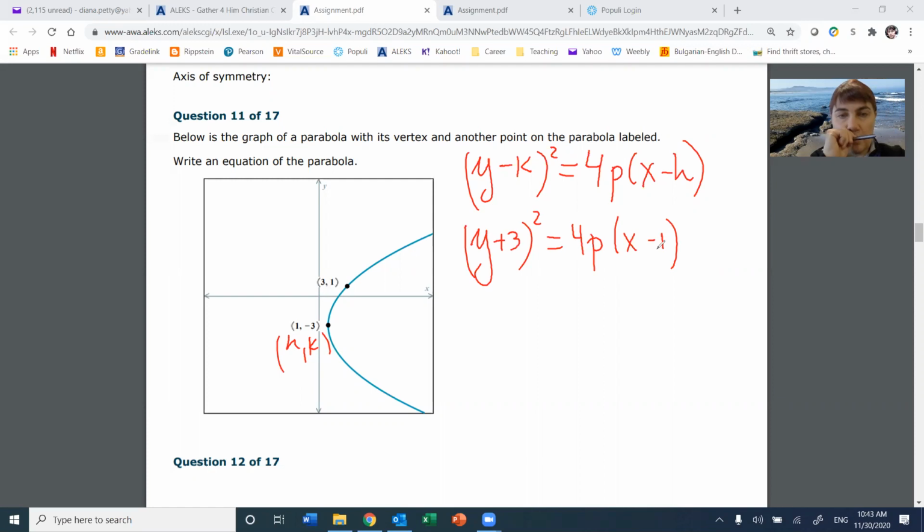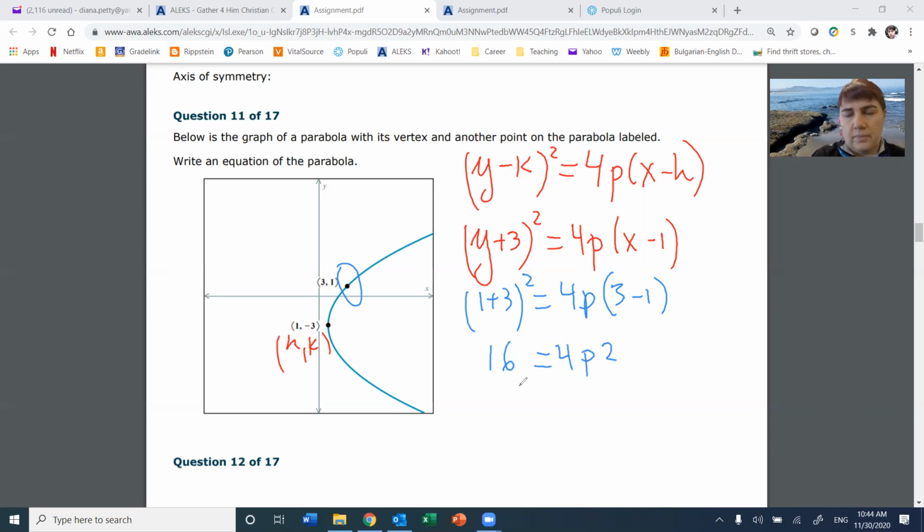So how can we find p? We're just going to plug in the point right there. For y, we plug in 1, and for x, the x-coordinate of that point. So 1 plus 3 is 4, and 4 squared is 16.